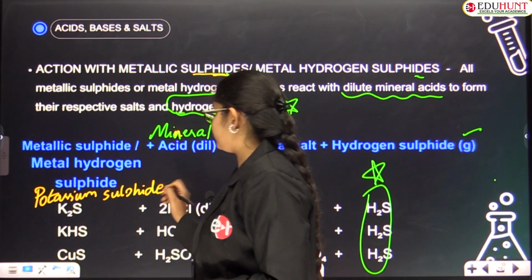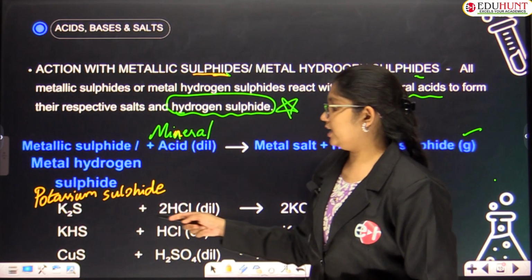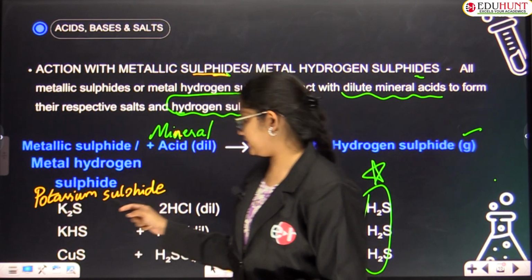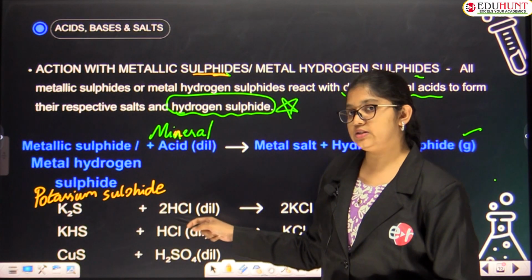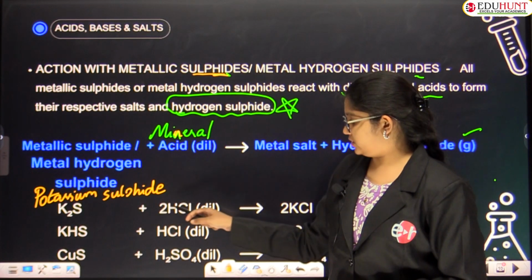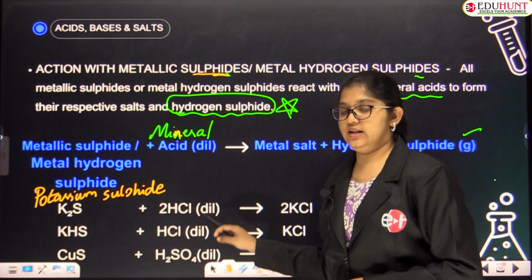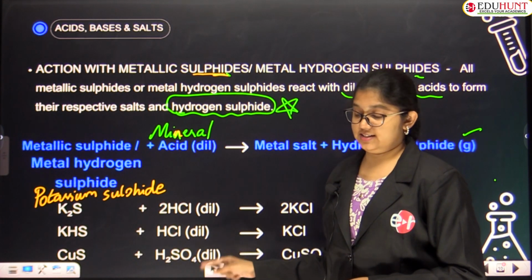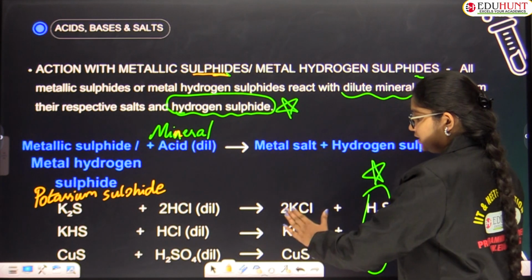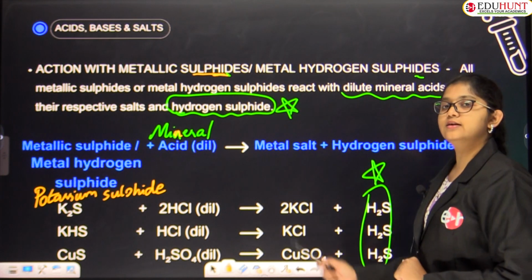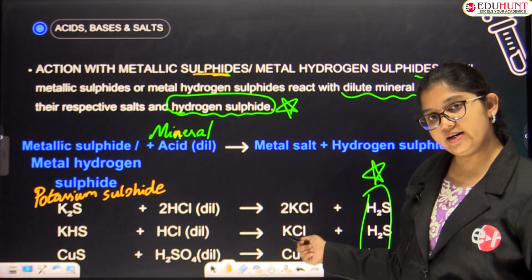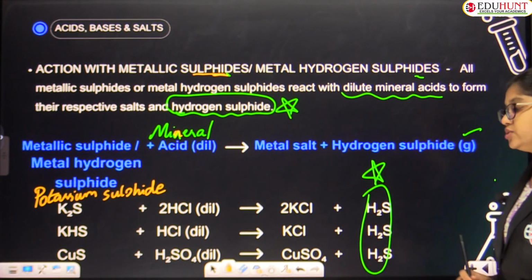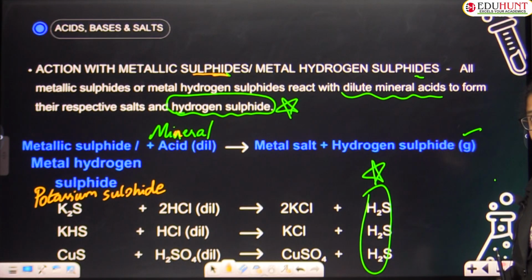So K2S, potassium sulfide, reacts with dilute mineral acid. What is the dilute mineral acid over here? Yes, two molecules of HCl, hydrochloric acid. It gives rise to 2 KCl, two molecules of potassium chloride, and also H2S, hydrogen sulfide gas. Okay, children? Very good.